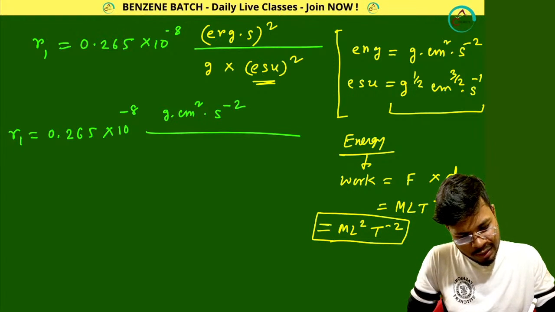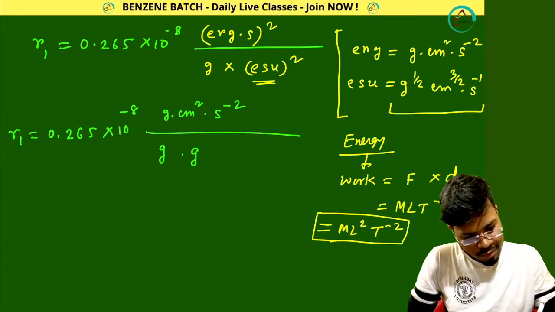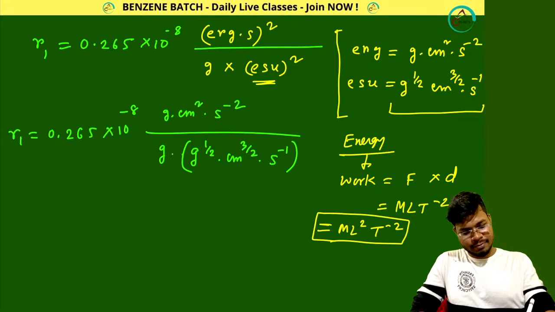Then here I am getting gram, and ESU means gram to the half, centimeter to the 3/2, second inverse, like that.